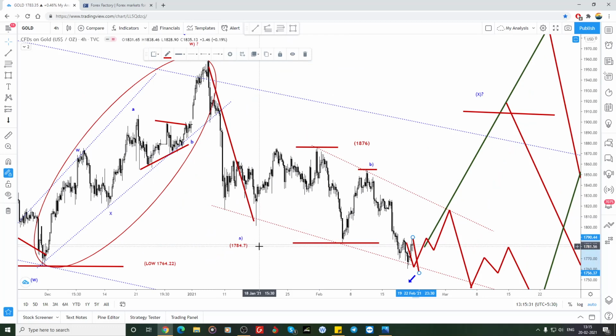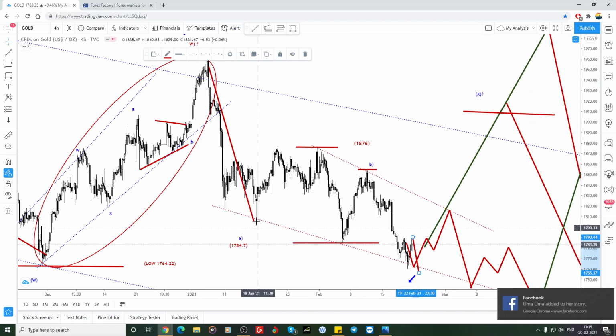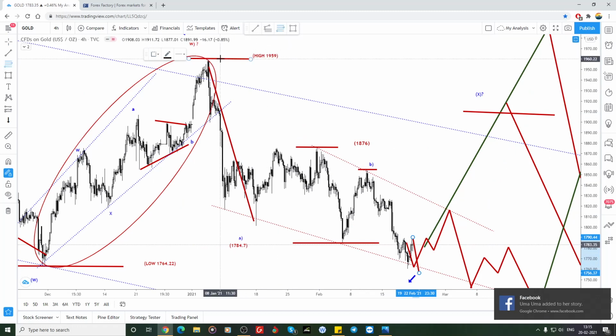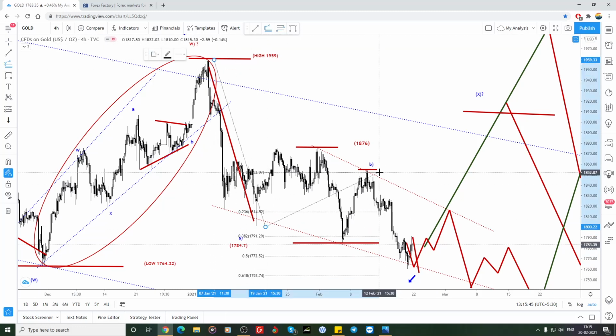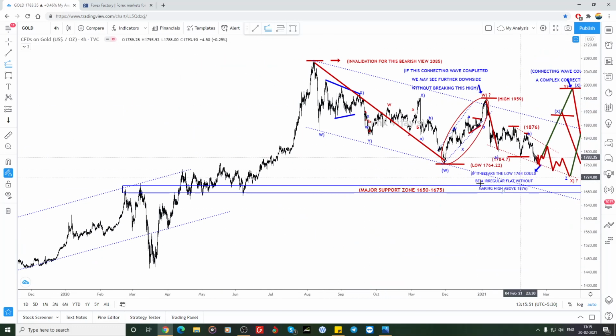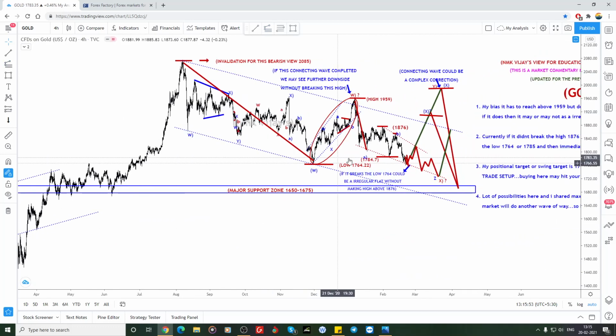For this A, this is the B, and C, this A wavelength is very small compared to that. Sorry, one second. Yeah, it's only 61.8. So I'm thinking whether this is the end of the connecting wave for this continuation structure.